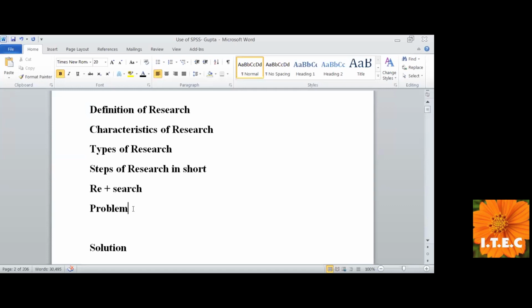If you want to reach the solution, then you have to do different activities. If I'm not well, my family members will decide to take me to the doctor or to call the doctor. This is one activity.